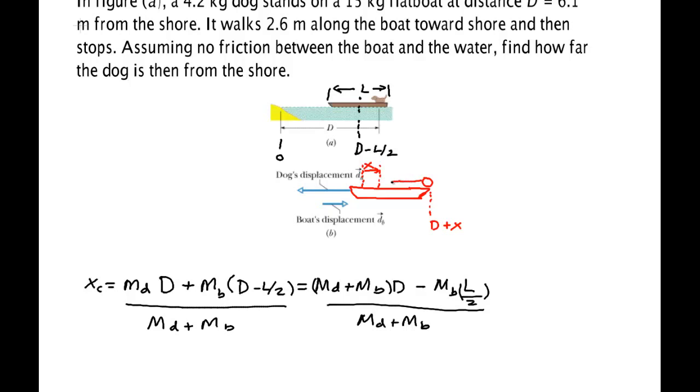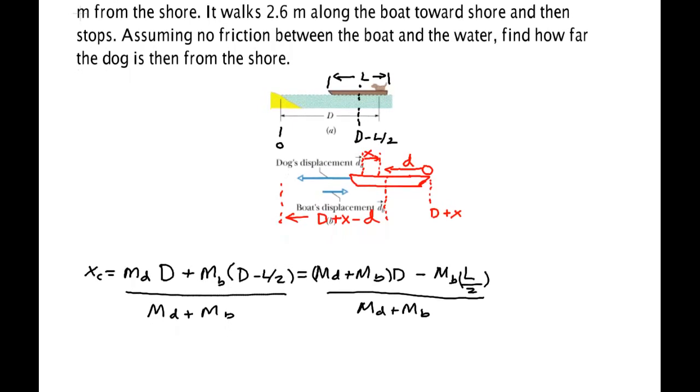But the dog moves in this direction some amount, which it says is 2.6 meters, but which I'm going to represent by just a distance little d. So that means the new distance of the dog is d plus x minus little d.